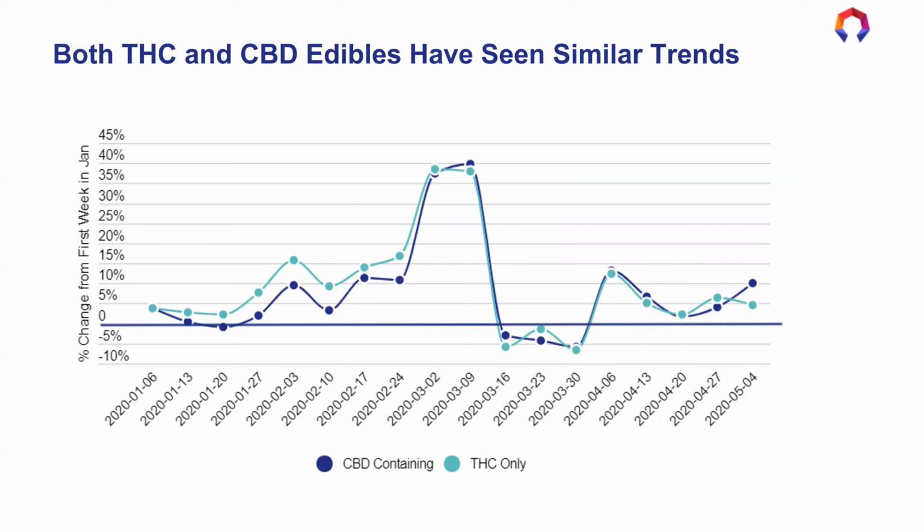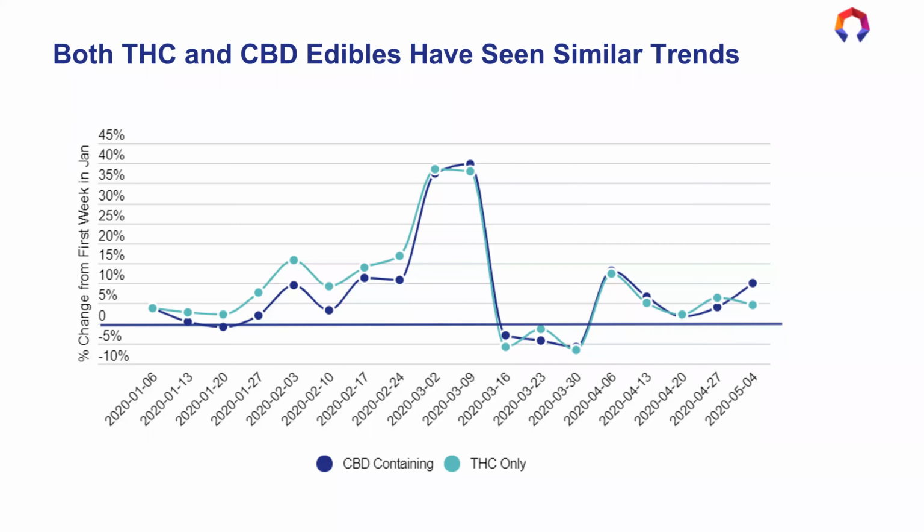Lastly, before I turn it back over to Rick, what I want to point out is, in the edibles category, the difference in sales for products that contain CBD versus those that are THC only. Primarily, I want to point out the right half of the graph, where we see these products generally see similar sales trends. So those with CBD and those that are THC only generally see similar sales trends.